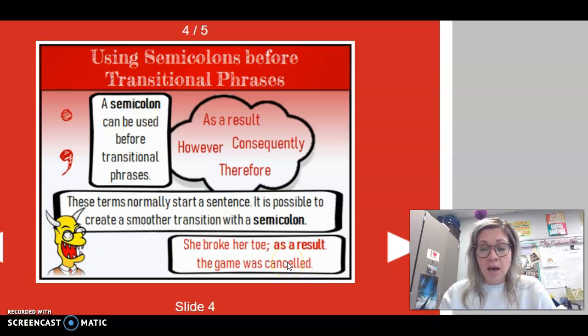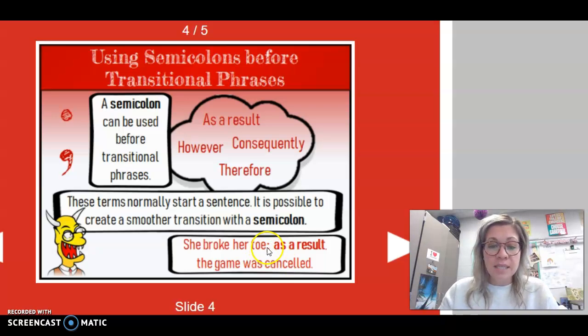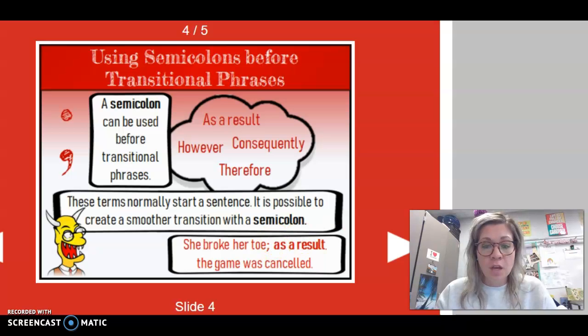So again, we threw in a transitional phrase, but after that phrase, we have an independent clause. So again, we're not doing anything really different. There's just a transitional phrase involved there, okay? But "the game was canceled" could be a standalone sentence, okay? So again, semicolon, all right?